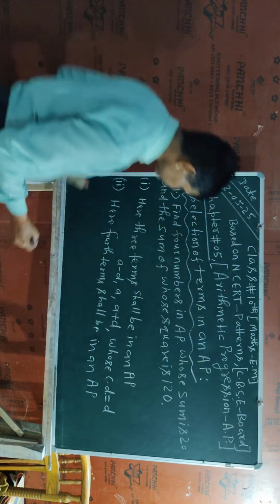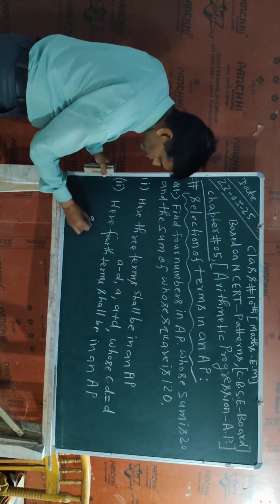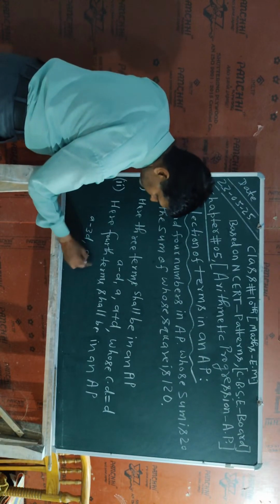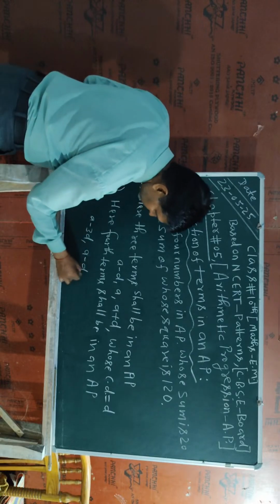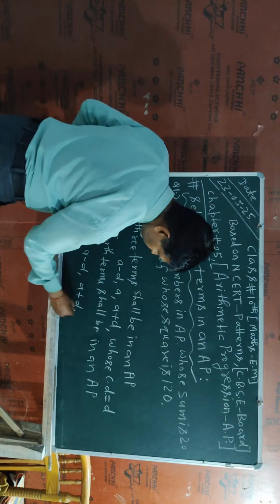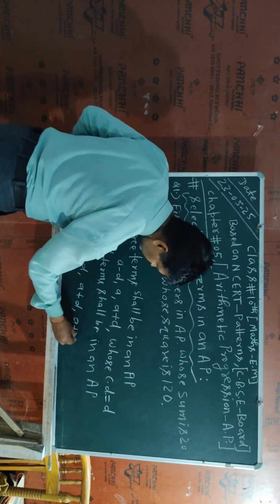I will say the first term will be a minus 3d, the second term will be a minus d, the third term will be a plus d, and the fourth term will be a plus 3d.